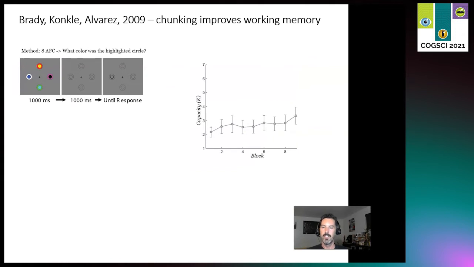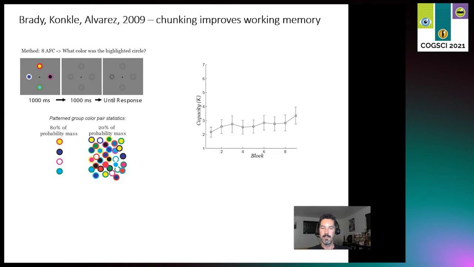The question of what is stored in mind when chunking has been raised in response to findings by Brady, Konkle, and Alvarez in this 2009 study. They showed people colors that were paired together in concentric circles, but were probed individually at test. When the colors were randomly assigned within pairs on each trial, performance remained relatively constant throughout the entire experiment.